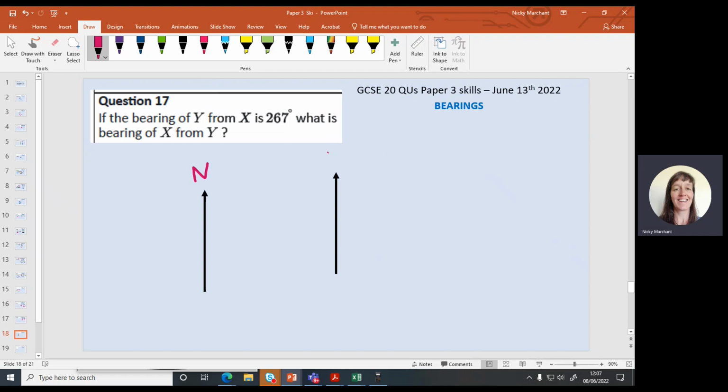And hopefully they will give you this as a drawing, or at least 2 towns marked on a bit of paper for you, okay? Now, they also get measured from, so your protractor would be on there, but here they're giving you this to calculate. On the paper, it probably will say not drawn to scale. It might say calculate. It might actually want you to measure it properly with a protractor.